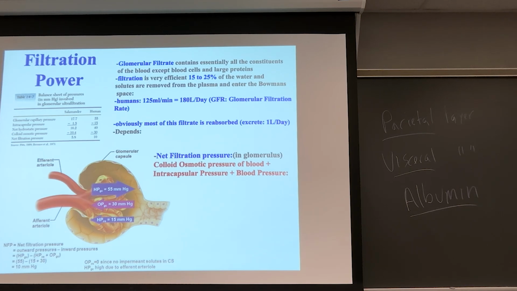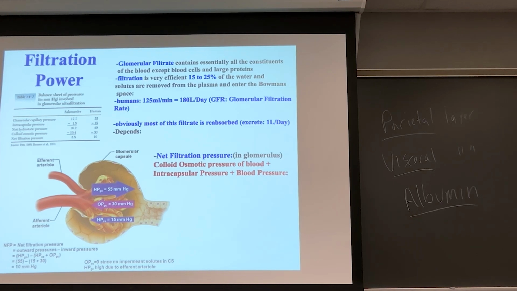Now again, if you subtract all of these, look, it's only a net positive of 10 millimeters of mercury. So it's really important that your blood pressure stays high. If you have really low blood pressure, like my wife's grandma, she doesn't drink. She has low blood pressure anyway, and her kidneys don't work.